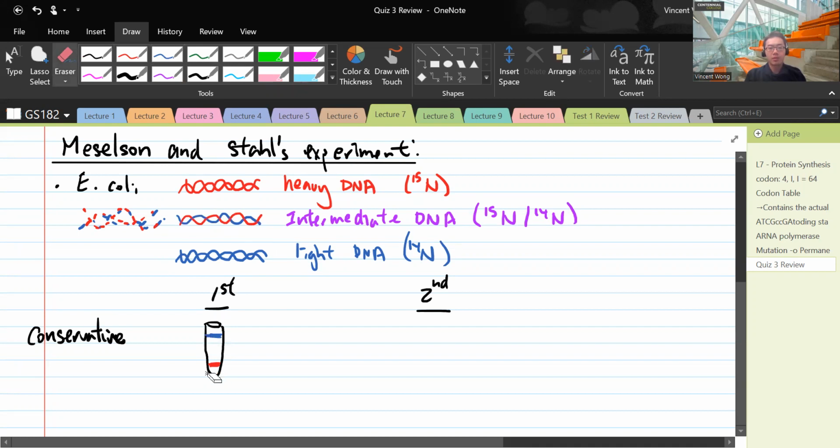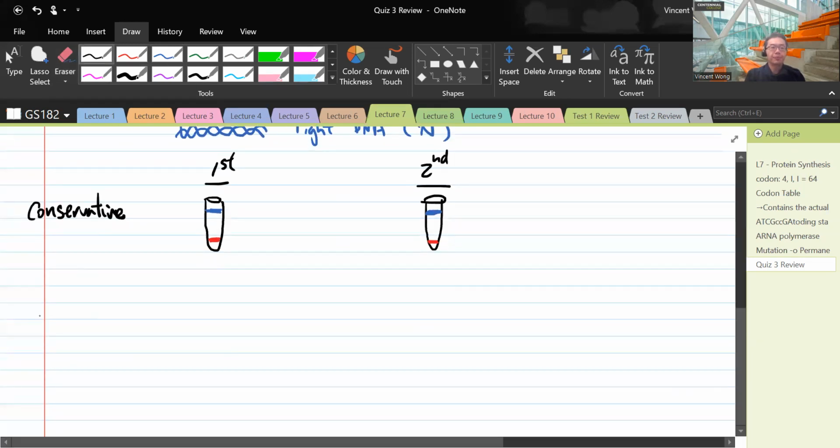So you would expect to have two bands like that. And then if you do another round of division, the original DNA will still be there, and everything else that is being copied would now be lighter DNA, nitrogen 14. Okay, so if those were the results, then they could conclude it is conservative.